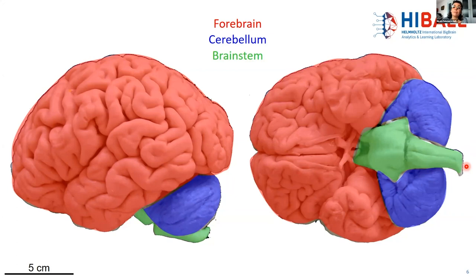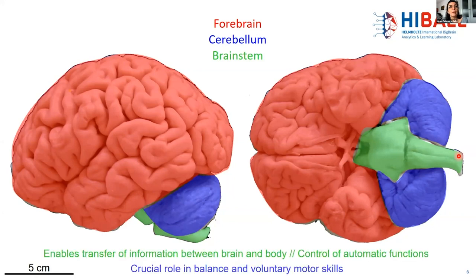The brainstem enables the transfer of information between the brain and the rest of our body, okay? And so it's also involved in the control of automatic functions such as heartbeat and breathing. I'm not going to say any more about the function of the brainstem today.